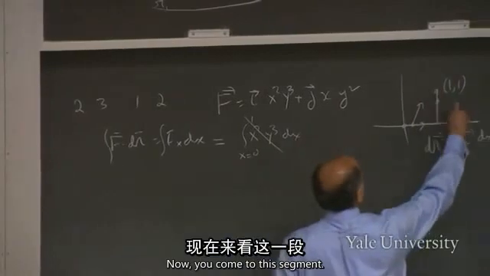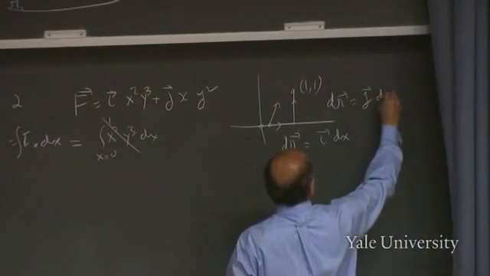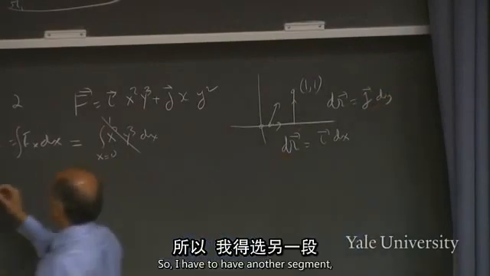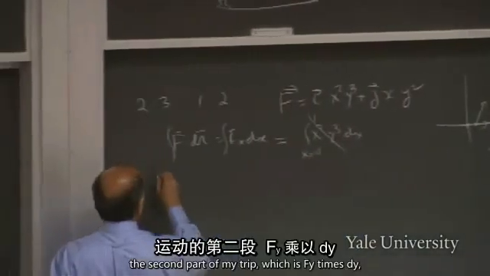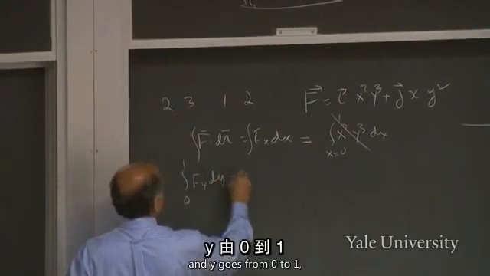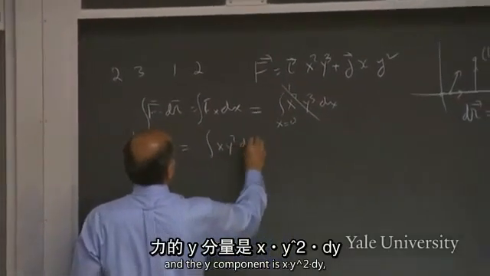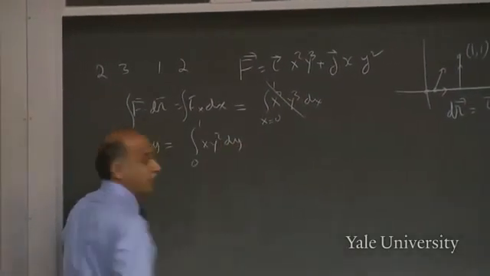Now if you come to this segment, I think you all agree the distance traveled is j times dy. So I have to have another segment, the second part of my trip, which is fy times dy, and y goes from 0 to 1, and the y component is x y squared dy, where y goes from 0 to 1.